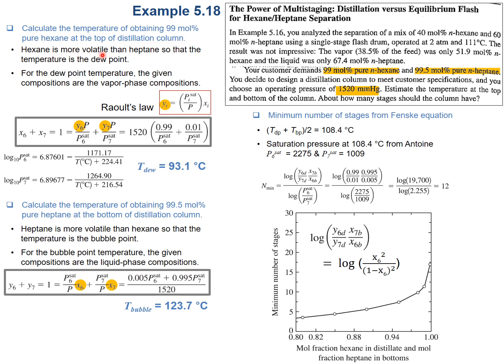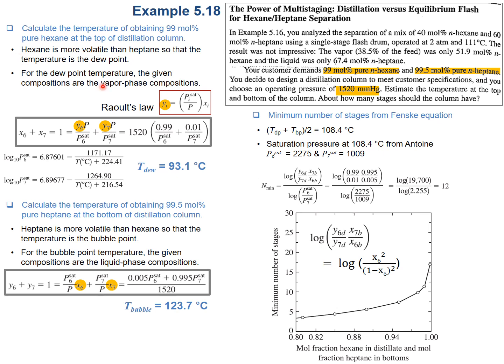Hexane is more volatile than heptane, so this temperature is not the bubble point but the dew point for the top product. Dew means the vapor side rather than the liquid side. For the dew point temperature, the given compositions are the vapor phase compositions, because we want 99 mole percent hexane in the vapor. It means 1% heptane in that same vapor.